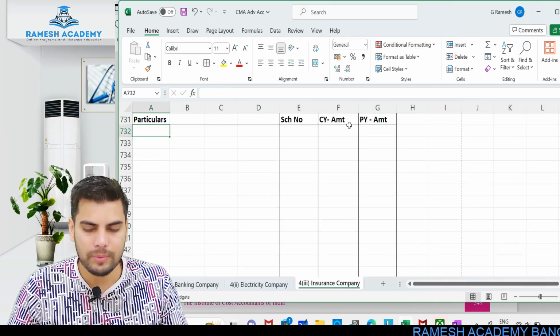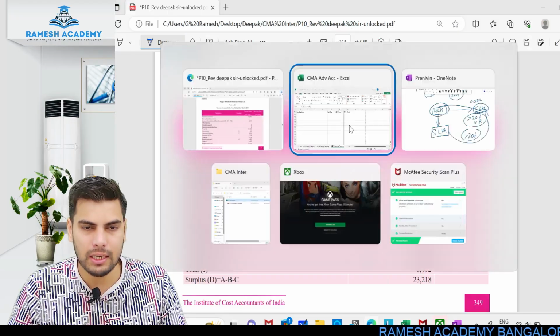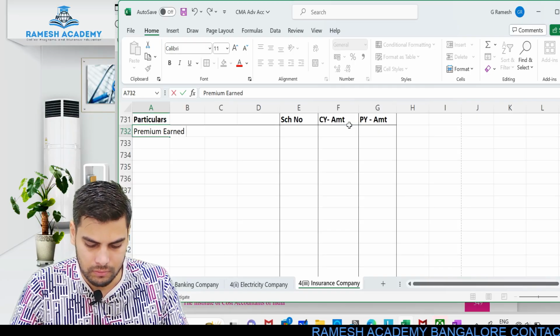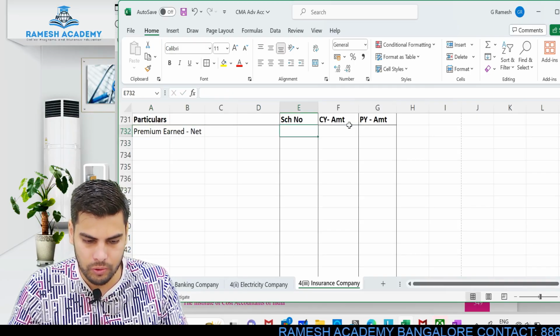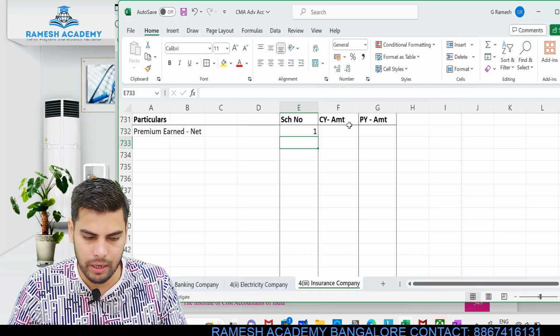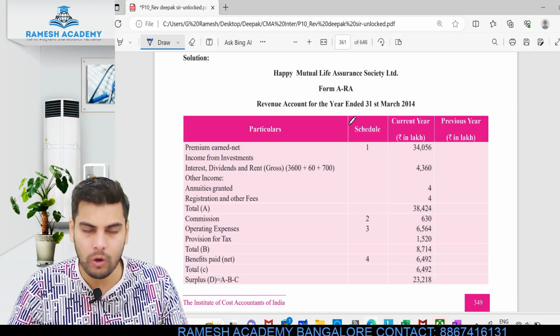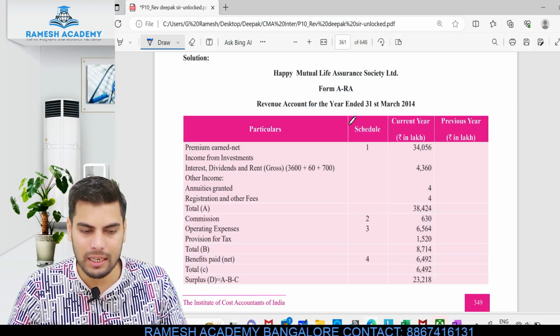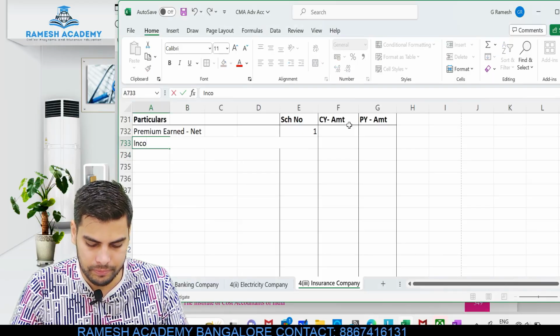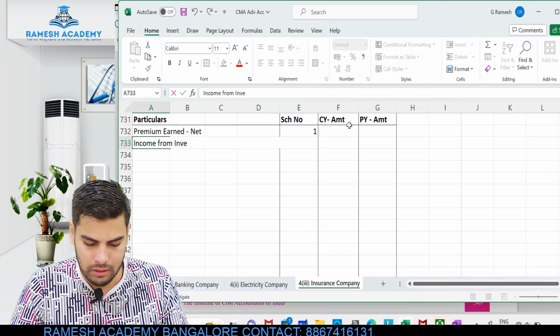The first thing is the premium earned, the net amount. This would be schedule number 1. We'll be preparing the schedule relating to the same. After this, what else do we have? If there's any other income, so income from investment.